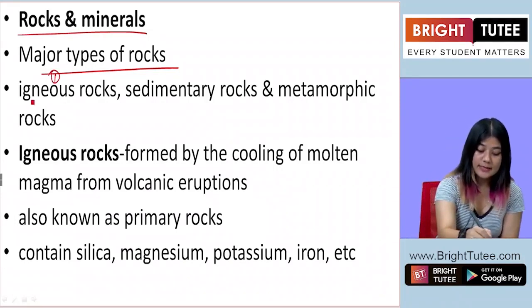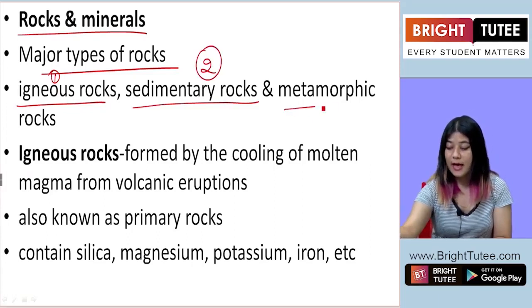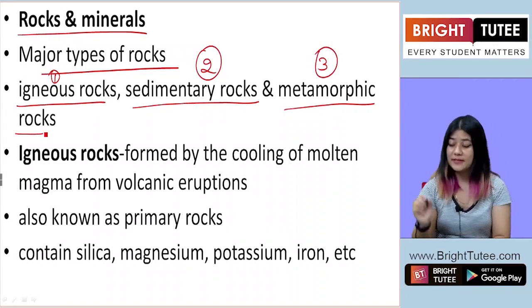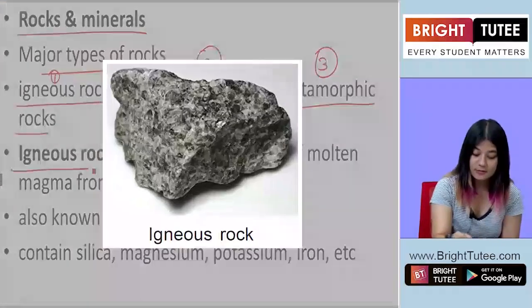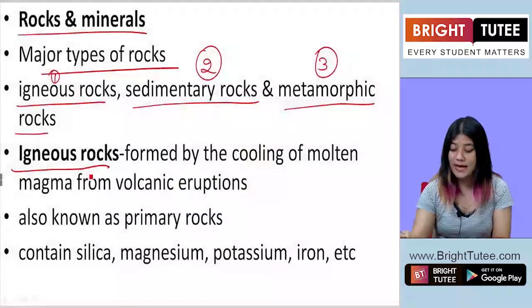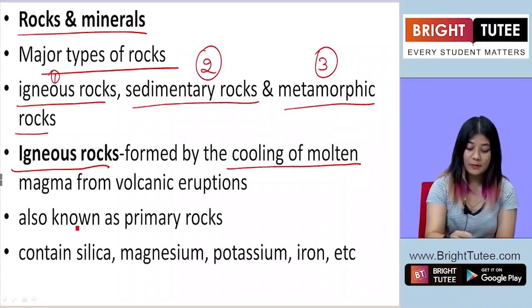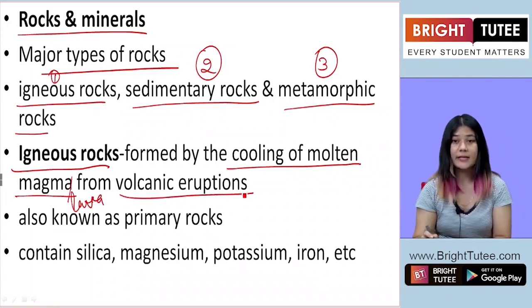Number one is igneous rock. Number two is sedimentary rock, and number three is metamorphic rocks. First let's look at igneous rocks. Igneous rocks are those rocks which are formed as a result of the cooling of the molten magma or lava which comes from the volcanic eruption.